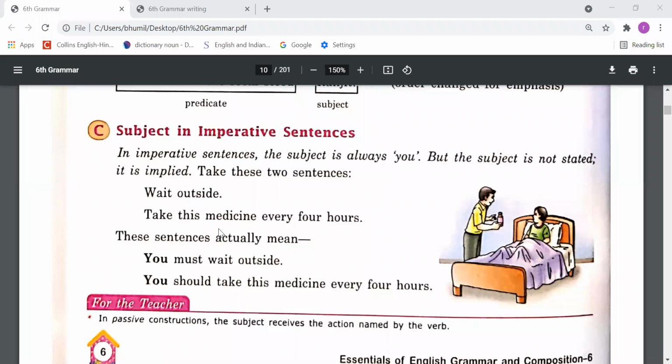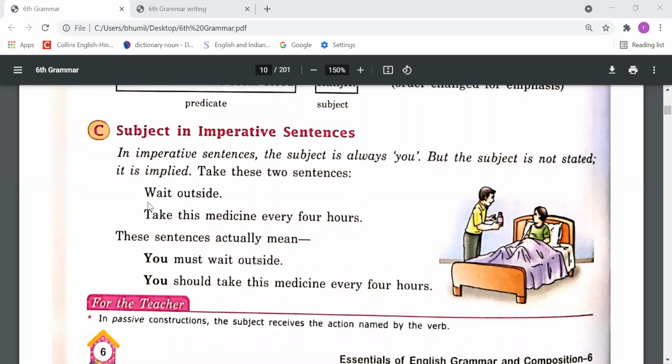We don't write it, we don't speak it, but the subject is there, the subject is you, right? So simply we can say that in imperative sentences the subject is always you, but we don't write it and we don't speak it, it is hidden.